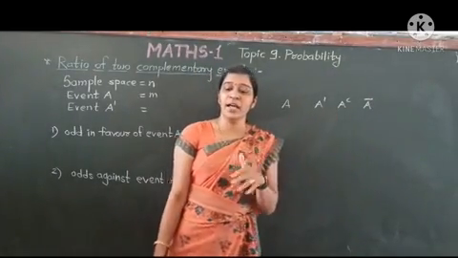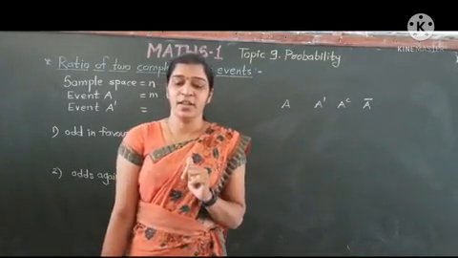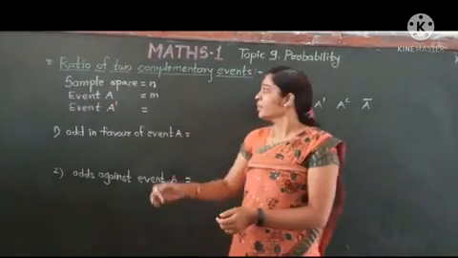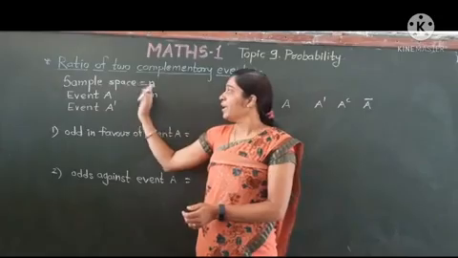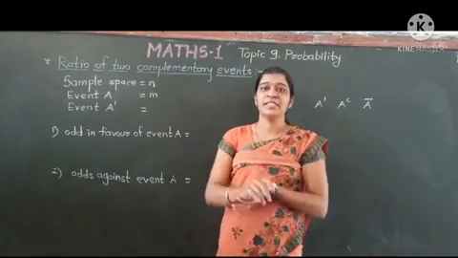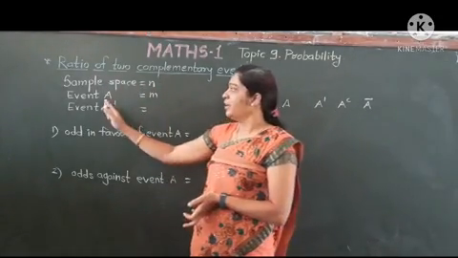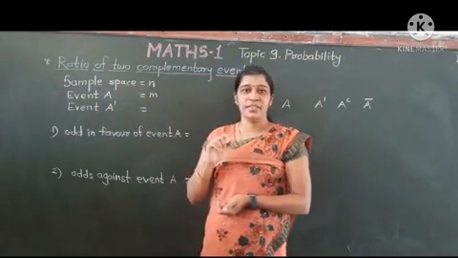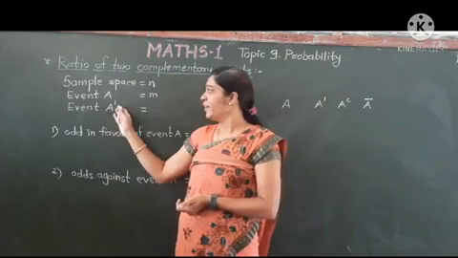Complementary events, we have to find the ratio. So let's see. Suppose there are n elements in the sample space S, and in the favorable event A there are n elements. Then what is the complement of event A?